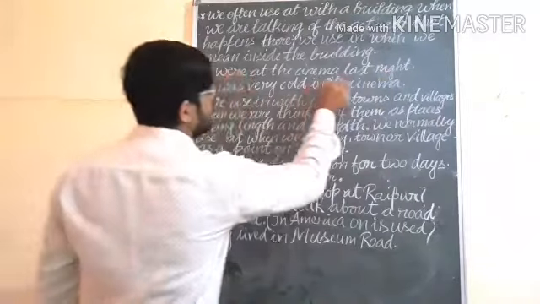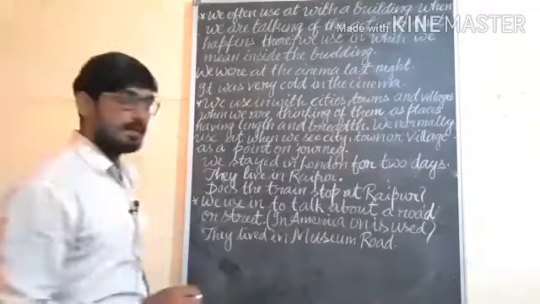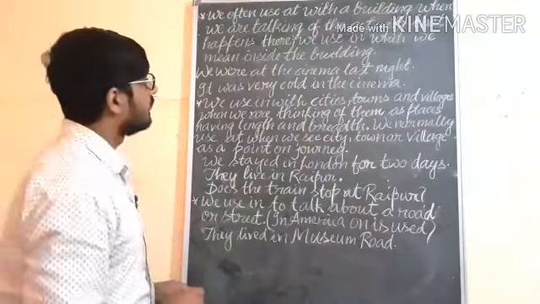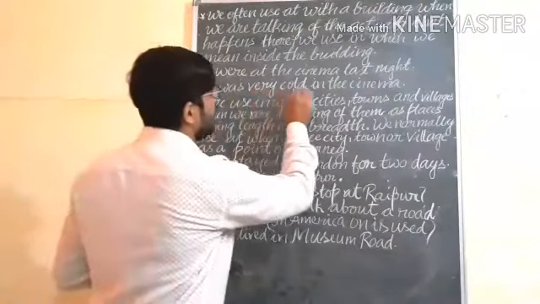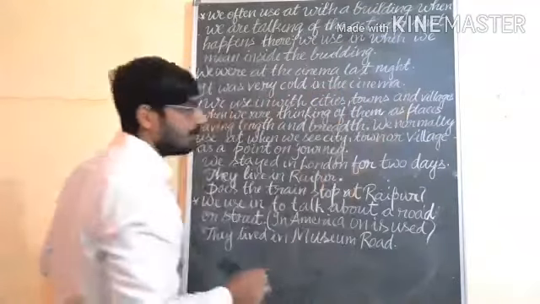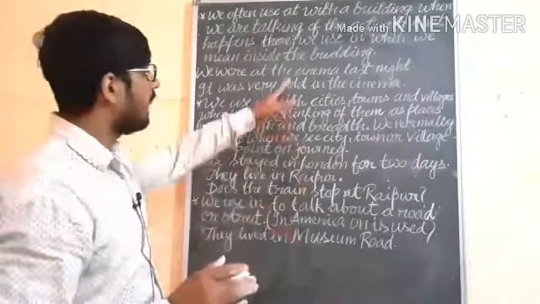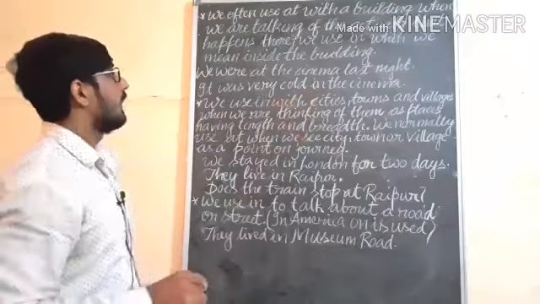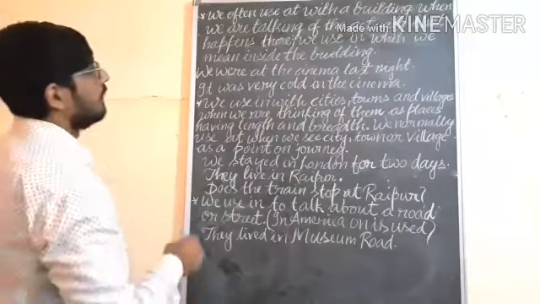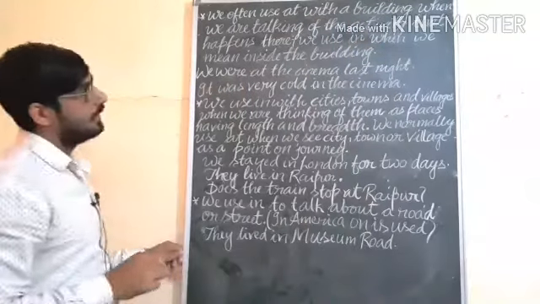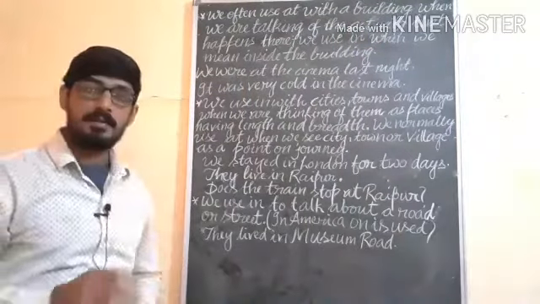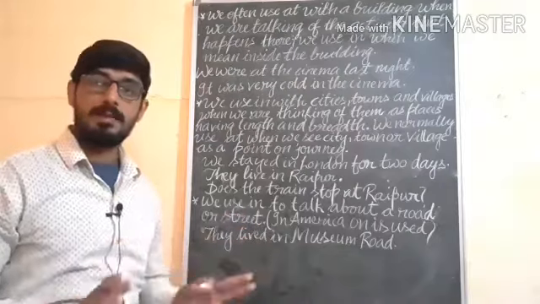We were at the cinema last night. Here we are talking about the cinema last night. In the second sentence, it was very cold in the cinema. We are talking about inside the cinema hall. So we will use in, and at will be used with a building when we are talking of the activity. For building we will use at.